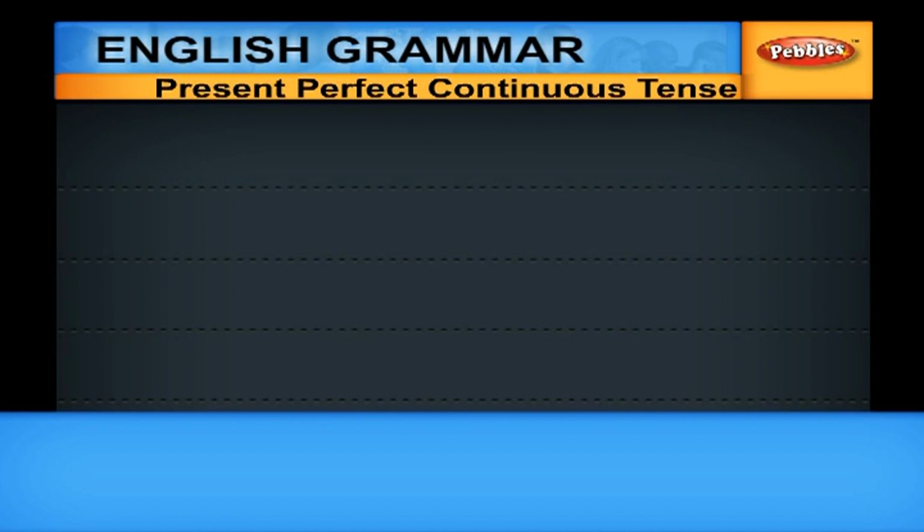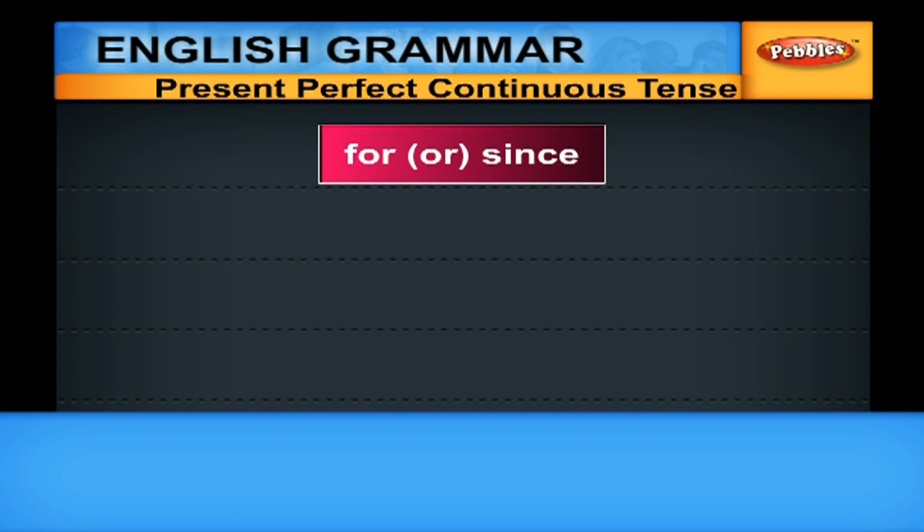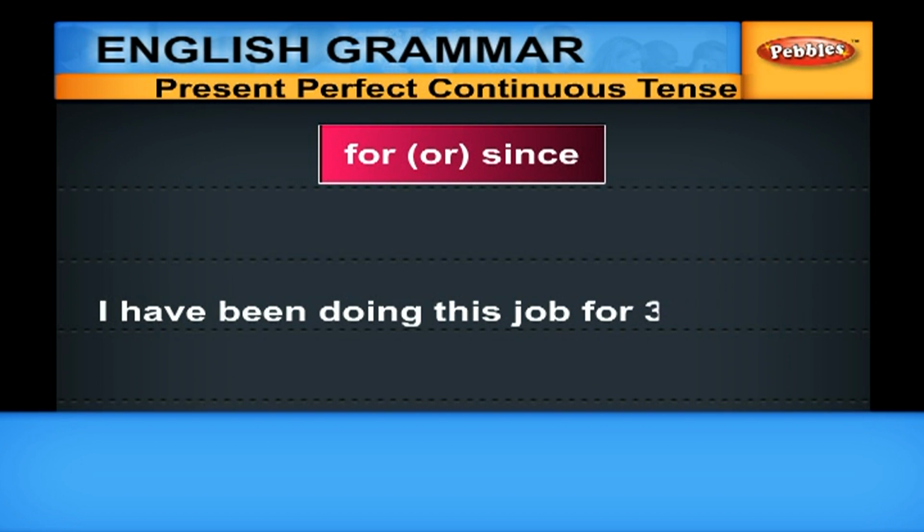When we use present perfect continuous, most of the time we use either for or since. When we talk about the duration, we use for. I have been doing this job for 3 months. Here, we are talking about the duration of the action.